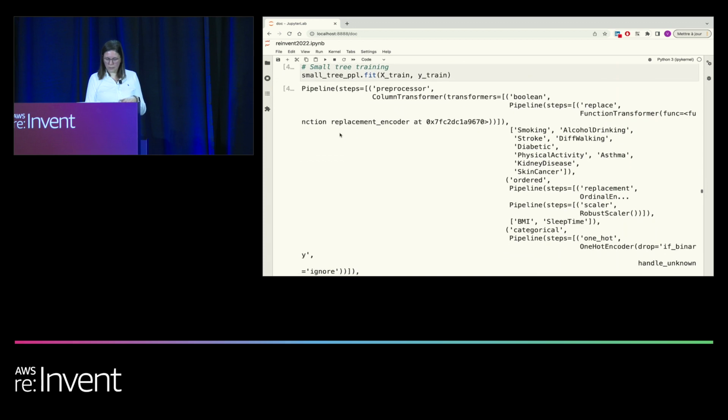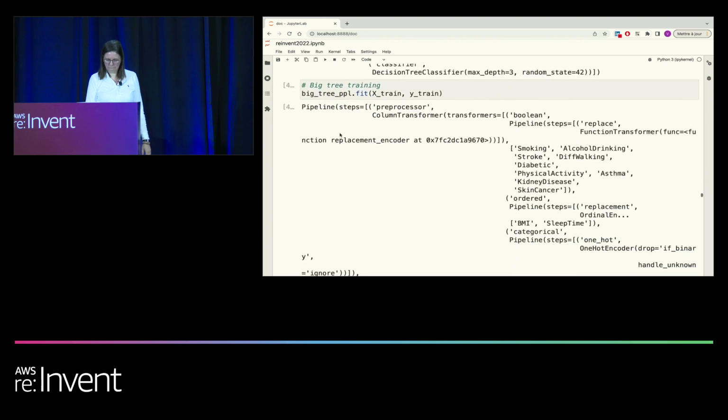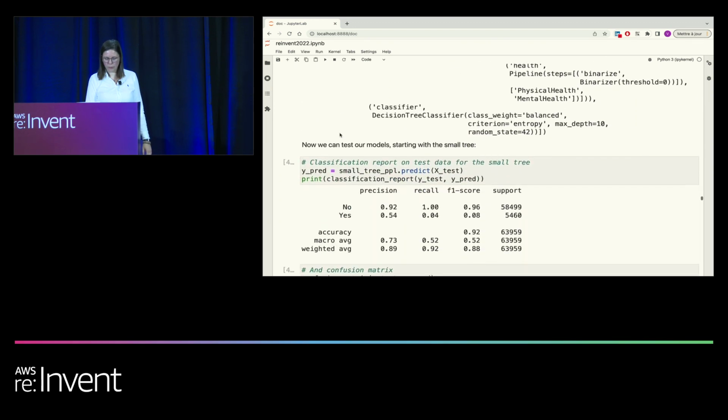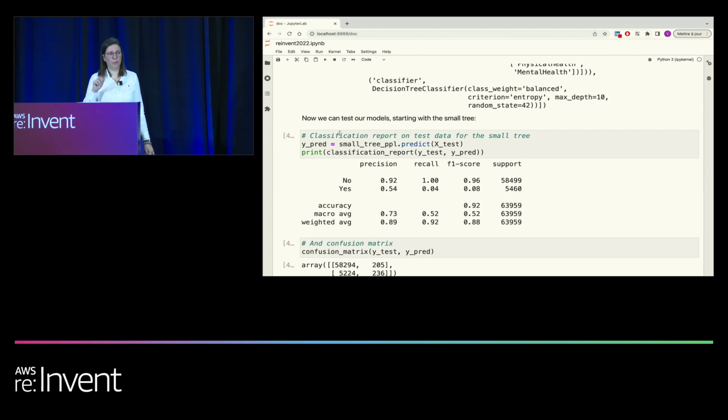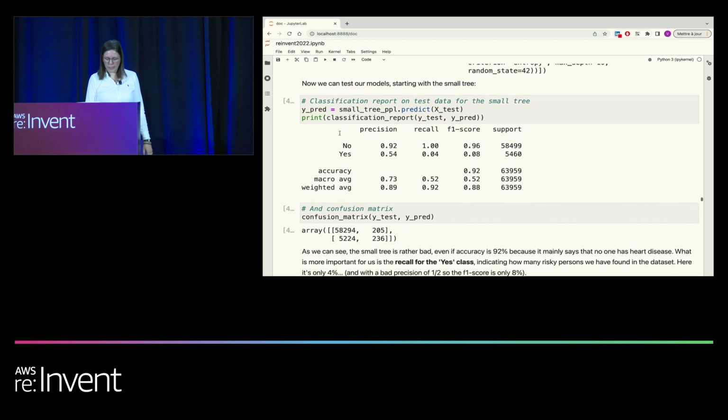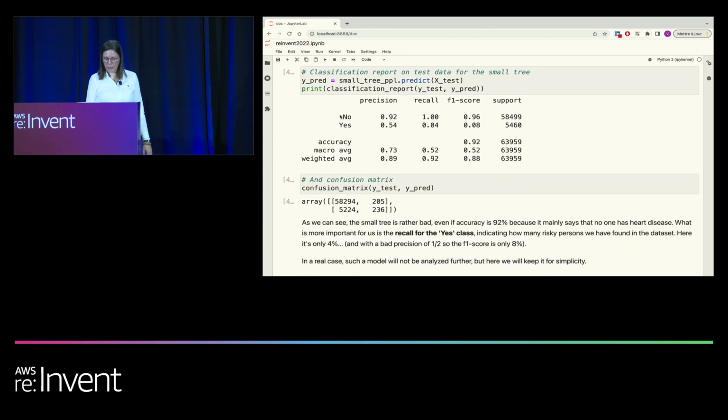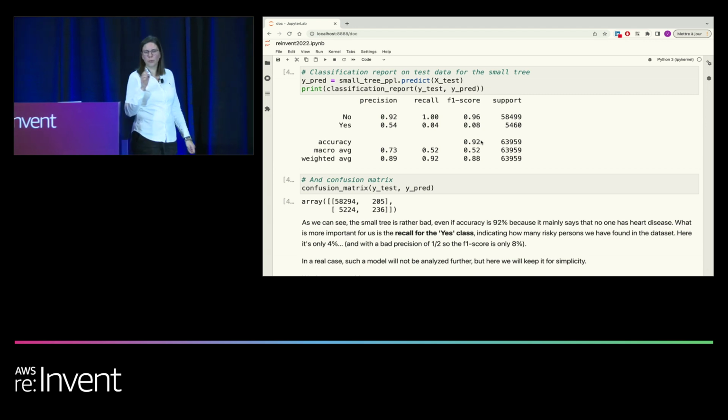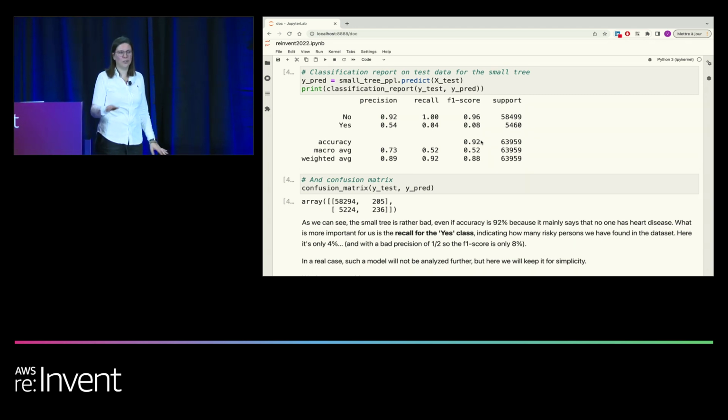So we are doing the training for the small tree and the big tree. The small tree is max depth 3 and the big tree is max depth 10. And I do a classification report to see if my model is correct. I've got a very high accuracy of 92%, but remember that 91% is just saying that no one is ill. So it's not that good, 92.